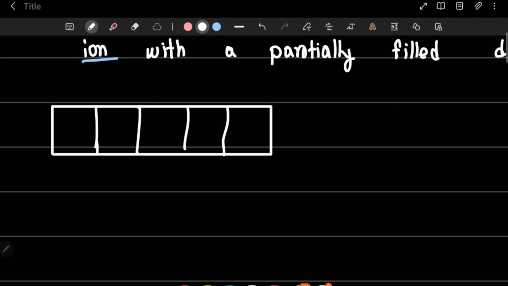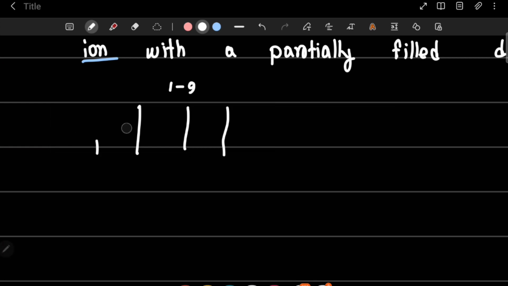For a d block element to be a transition metal, it must have a stable ion, an ion that forms in nature, or we can form, and it stays as it is without immediately reacting, and it has 1 to 9 electrons in the d subshell. Then it can be a transition metal.